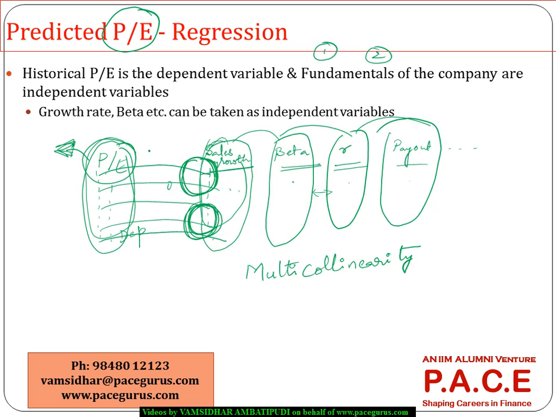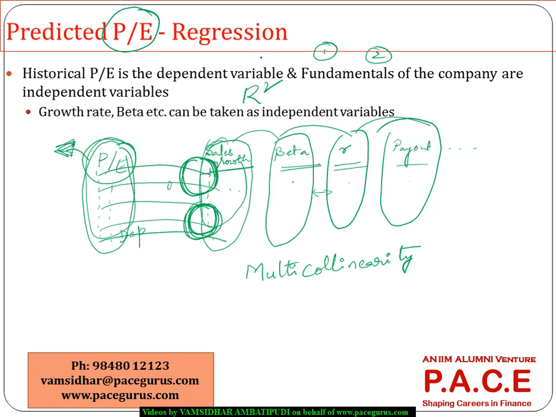Because of these things, wherein the relationships might change over time, it may cause a problem for us to really assess the futuristic P by E based on these various fundamental factors, and to what extent the R squared comes out, and that R squared itself could change with time. In some periods the regression model looks more and more feasible, whereas in some periods it becomes very difficult to use a regression model.